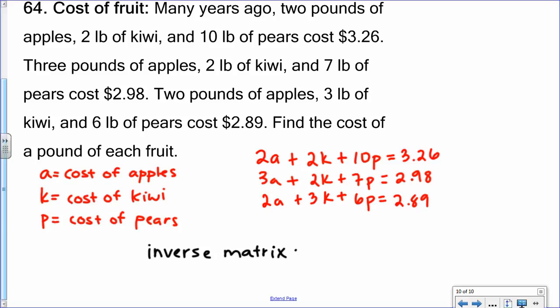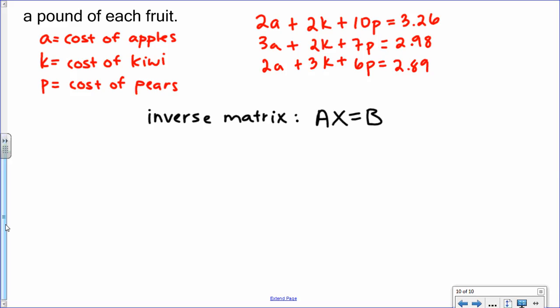Okay. So when I use an inverse matrix, I'm going to set up this matrix equation: AX equals B. A is that coefficient matrix.